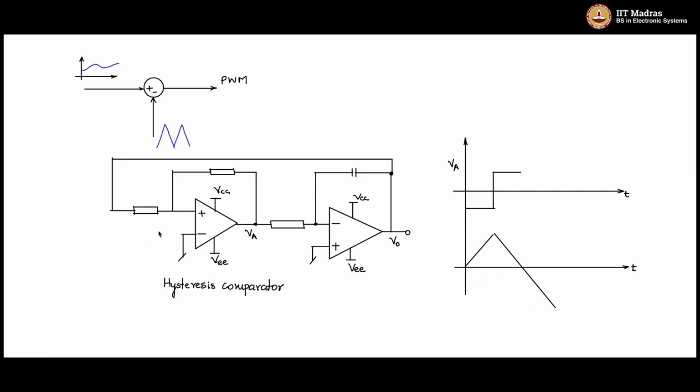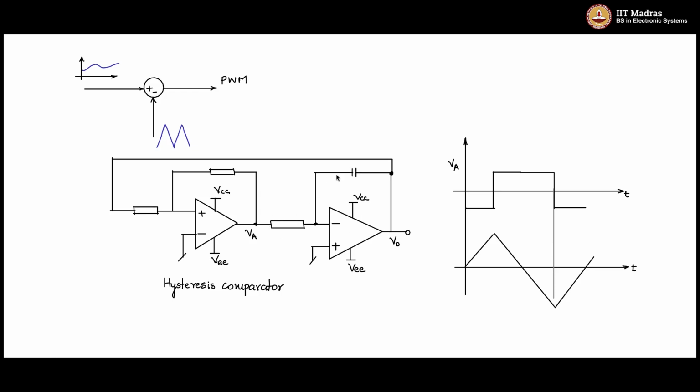Let us say it crosses 0 and starts going downwards; then you will see this flipping again. Let me mark that point. It flips and goes negative. The moment it goes negative, the current direction changes again and you will see the output rising. In this fashion, you will see a triangle wave being generated continuously.